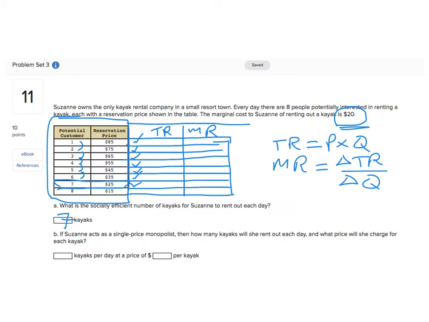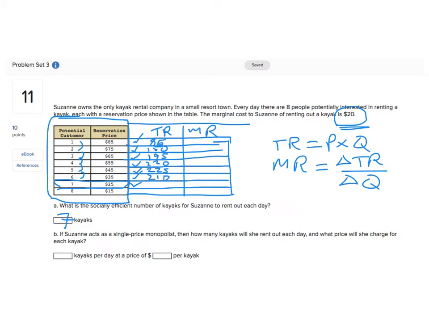Let's get to total revenue first. Notice that 85, I don't know if I can write small enough for these. 2 times 75 is 150. 3 times 65, 195. 4 times 55, 220. 5 times 45, 225. 6 times 35 is going to be 210.